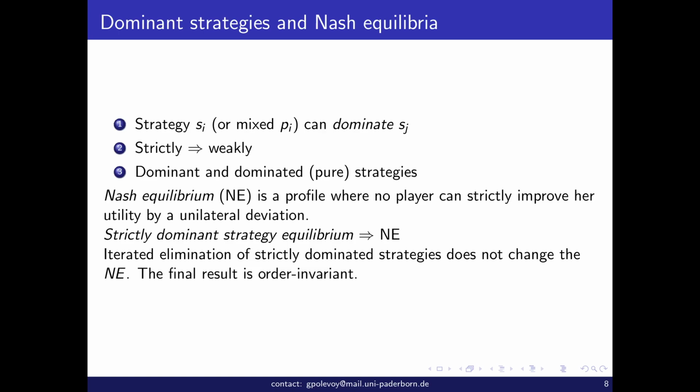Now, a strategy is called dominant if it dominates, strictly or weakly respectively, every other pure strategy, and it's called dominated, strictly or weakly respectively, if it is dominated by some pure or mixed strategy.